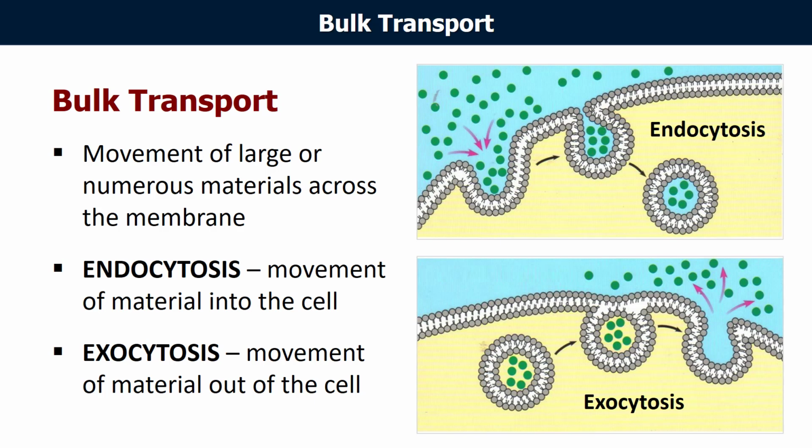So you're actually adding membrane when you do exocytosis. Cells have to regulate how much membrane they have, so sometimes they'll do endo and exocytosis with nothing inside. They're not actually taking anything in or releasing anything. They just pull in vesicles or release vesicles simply to add or remove membrane from their plasma membrane as needed.